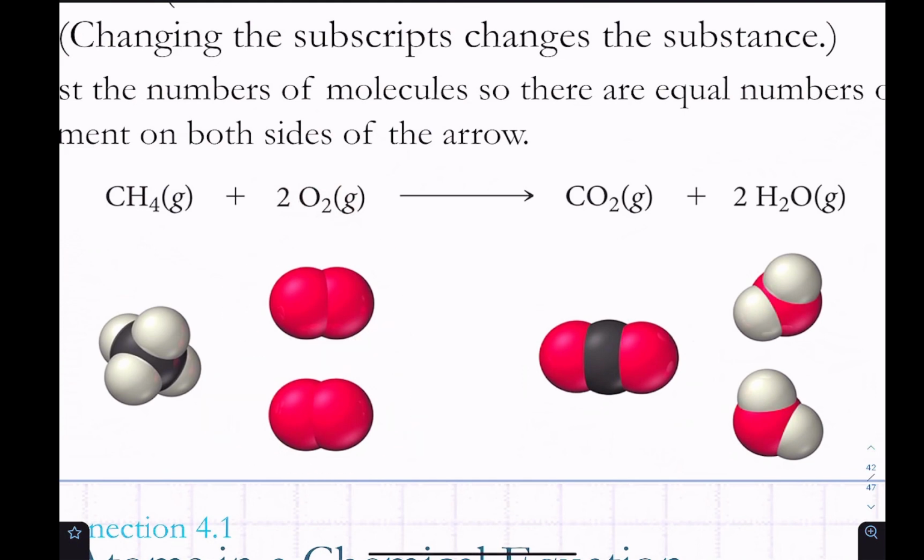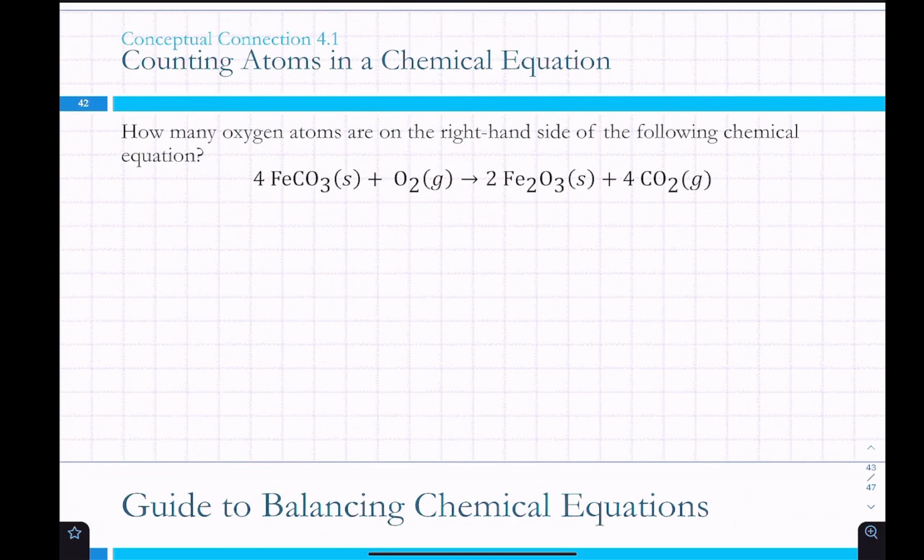You multiply the coefficient by the subscript of any element in the compound, like for water. If there's no subscript, that's 1. Okay, how many oxygen atoms are on the right-hand side of the following chemical equation?